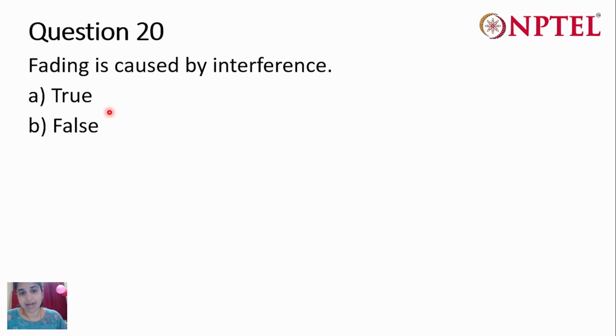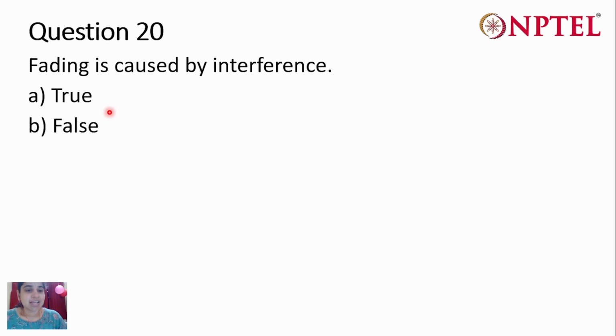Fading is caused by interference. True or false? False. Generally, when does fading occur? If we consider a wireless communication scenario, when we are transmitting from a transmitter, the signal gets scattered, and at the receiver it adds up.